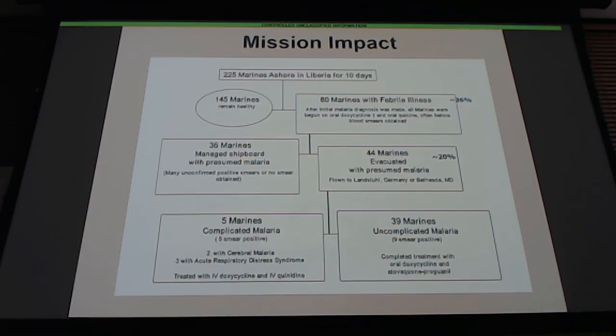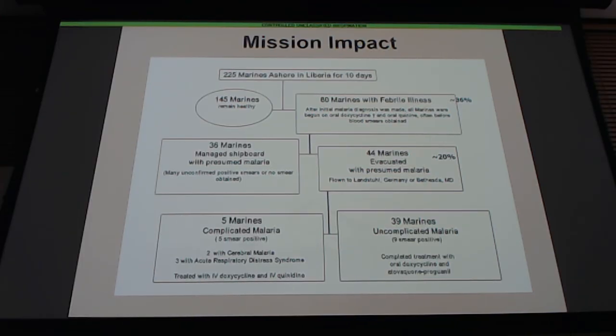Way less than 92%. Out of those 80, 36 of them were able to be taken care of on the ship. Okay? The other 44 had to get evacuated. So out of those 80, 20%, even worse because they had to get shipped out.